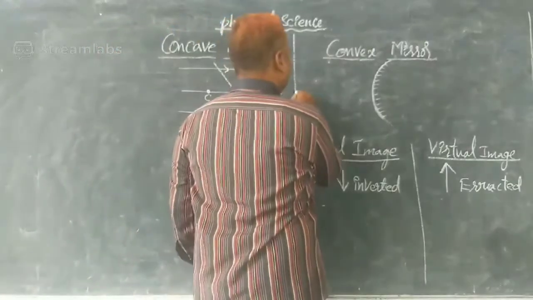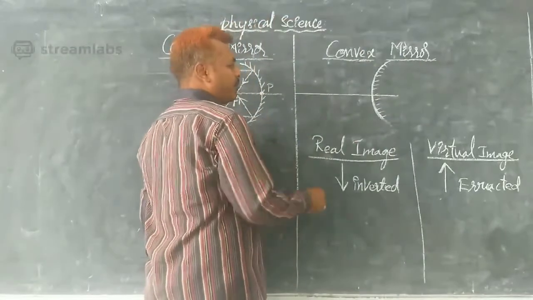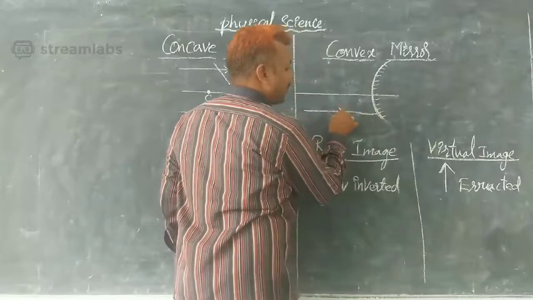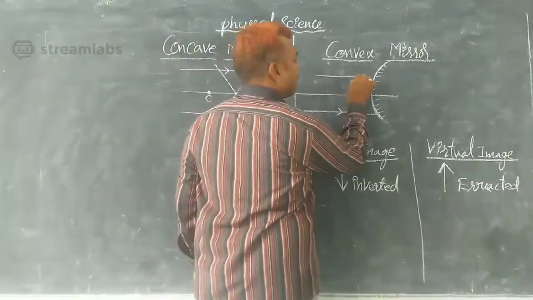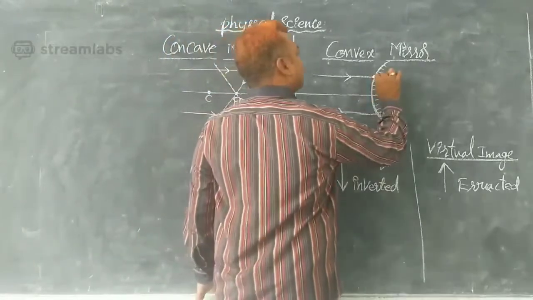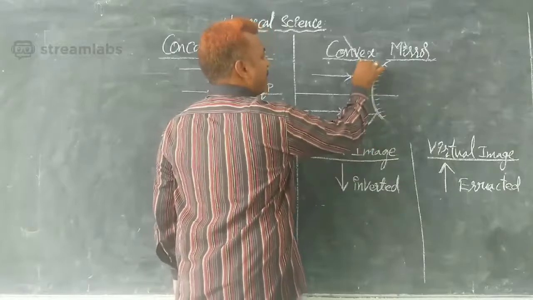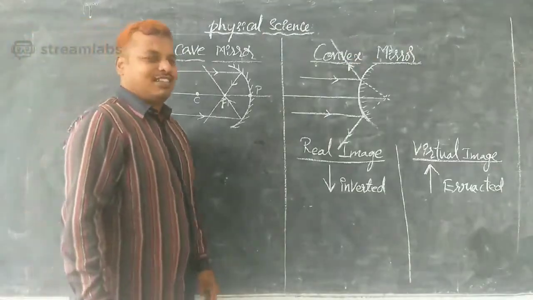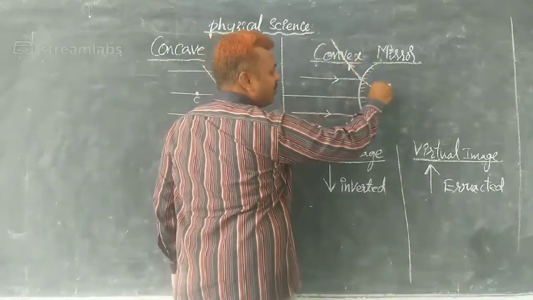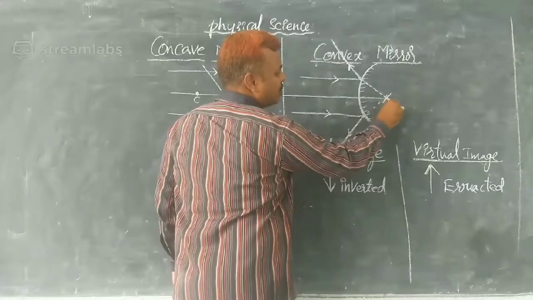Now, when light rays fall on the surface of the convex mirror, they get diverged. Right. So due to that, this is going to converge at one point, and at this point the focus is going to be.